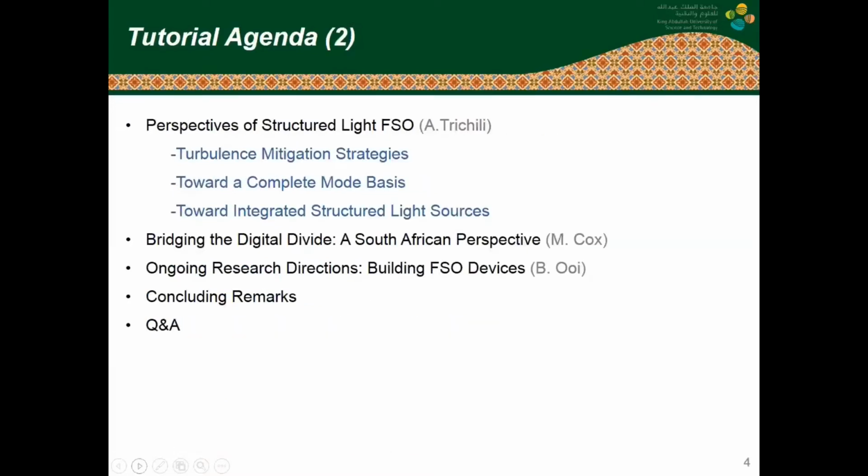Then we'll give the hand to Professor Mitch Cox, who will follow up on Abdurrahman's part, talking about structured light, and in particular explaining how free space optics can be used to create a fiber optic over-the-air network, in particular in areas suffering from the digital divide.